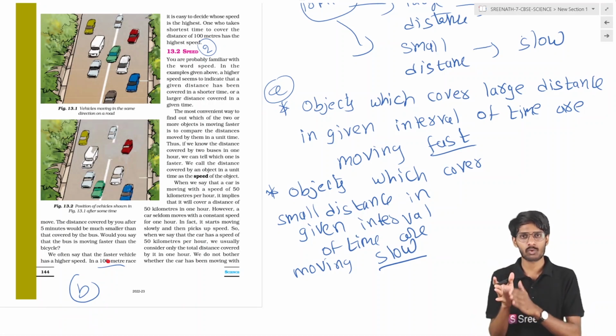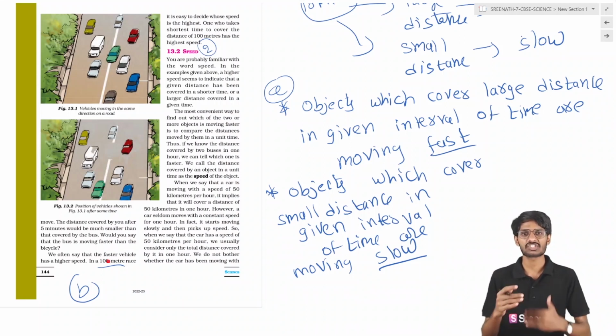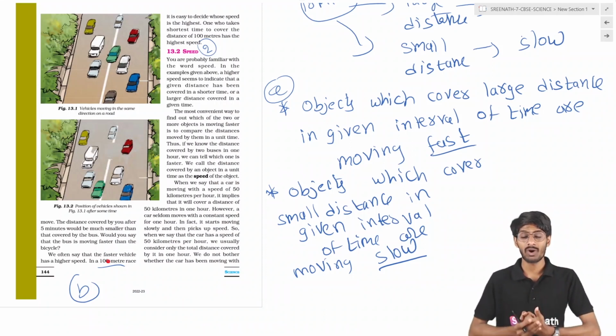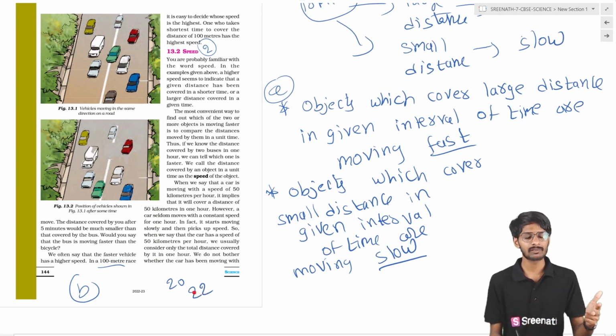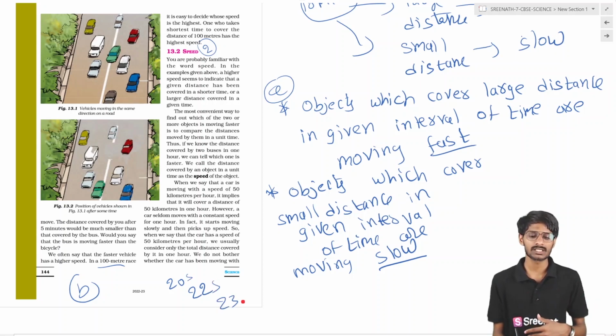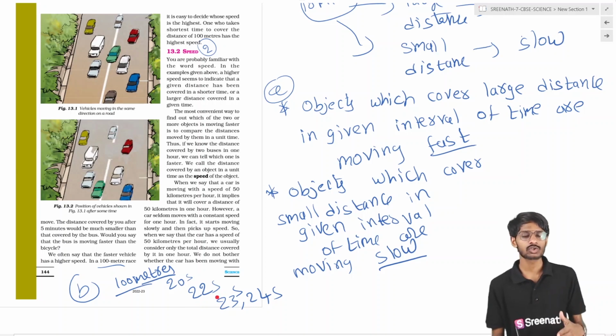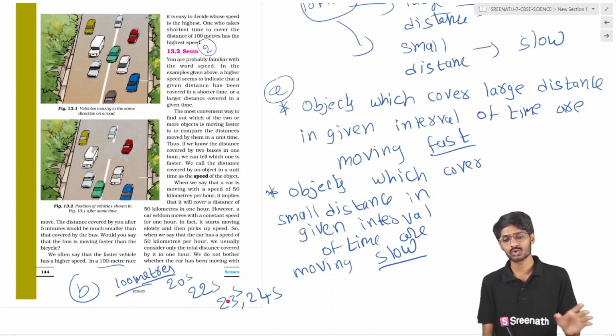Whenever the race has started, all start running. One girl has covered the 100-meter distance in 20 seconds, another boy in 22 seconds, just as an example, another in 23, and some other in 24 seconds.